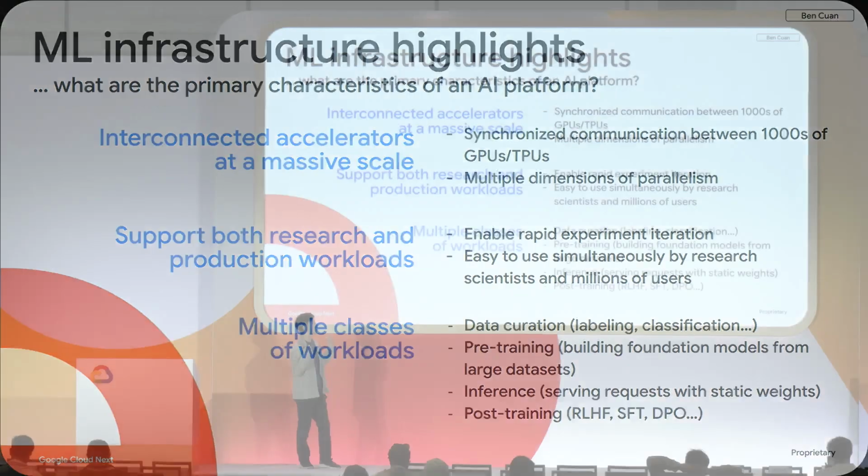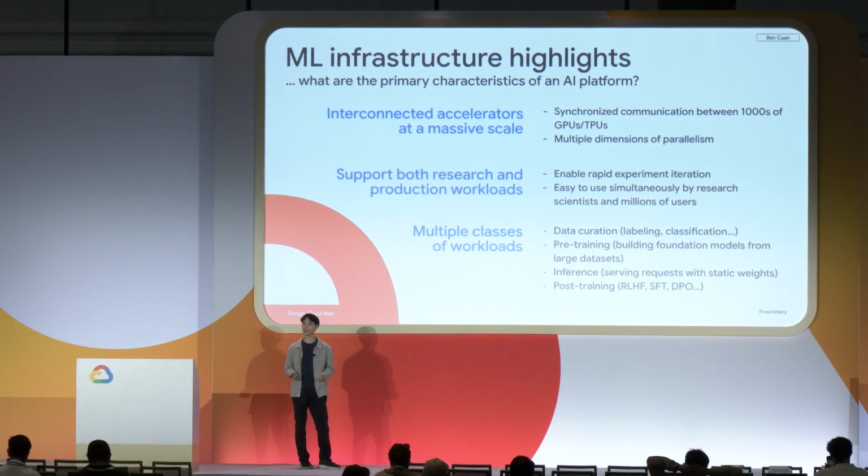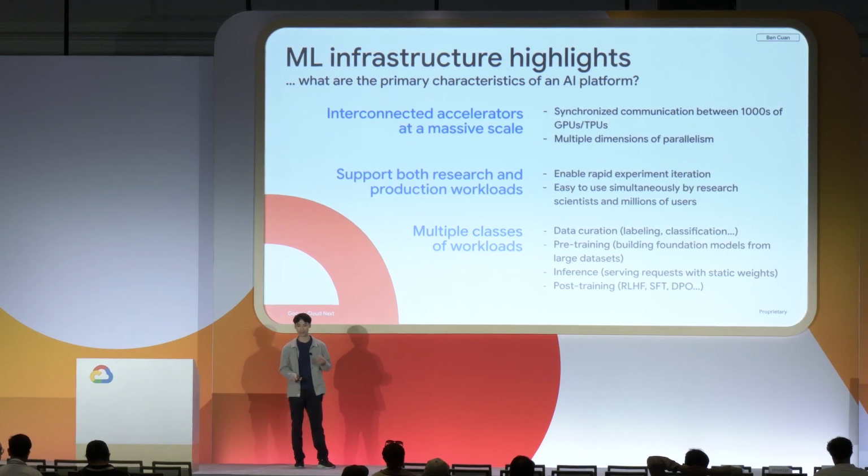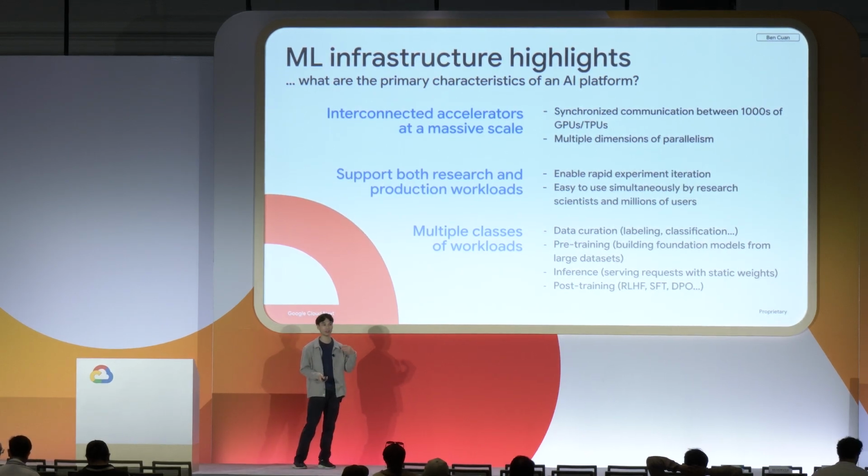Then pre-training, which is building our foundation models from scratch. Then inference, which is serving the requests from users with the static weights that we get from pre-training. And finally, post-training techniques such as reinforcement learning with human feedback, supervised fine-tuning, and direct preference optimization, which allow us to further customize and tune our outputs for the needs of our users and our researchers.